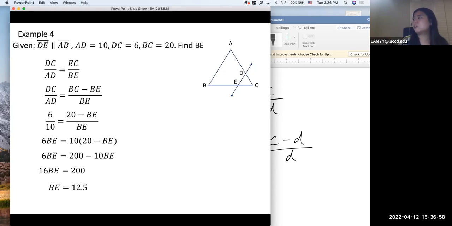So you should find BE equal to 12.5. Okay, next one.